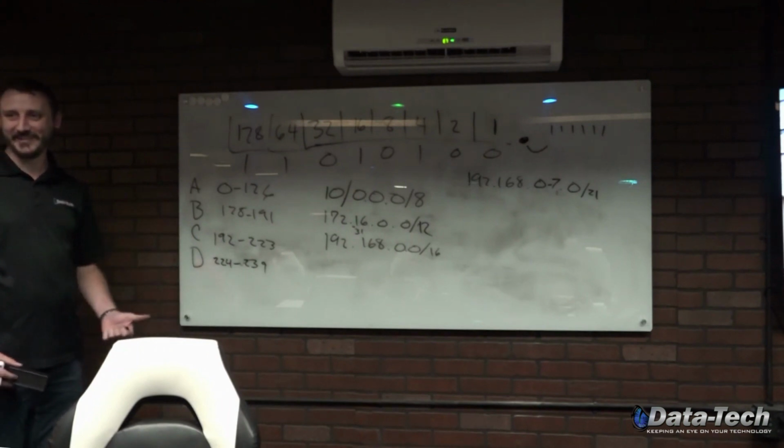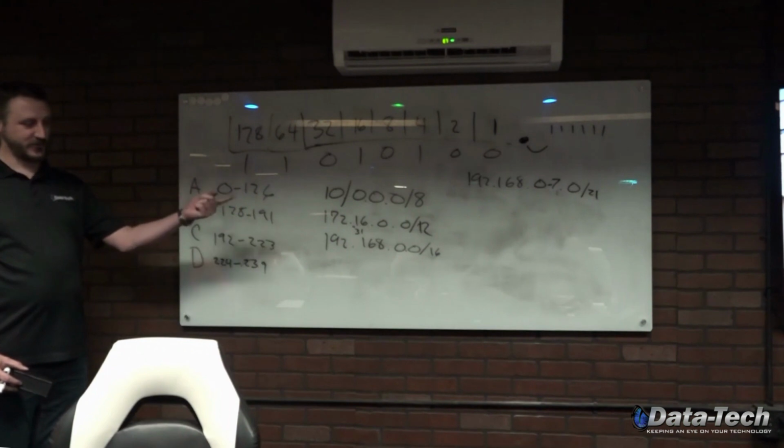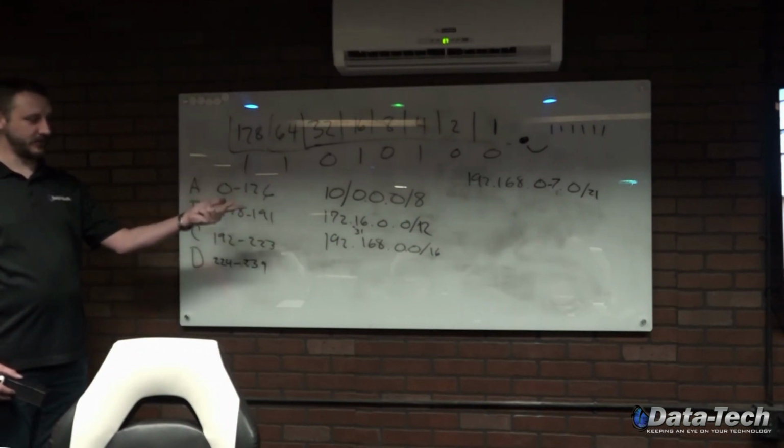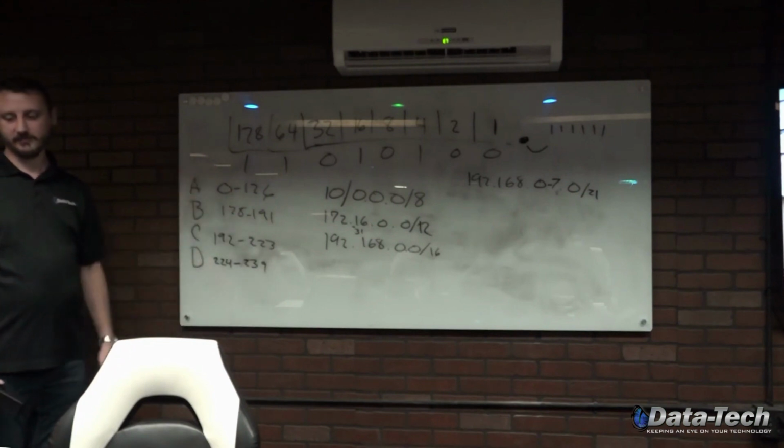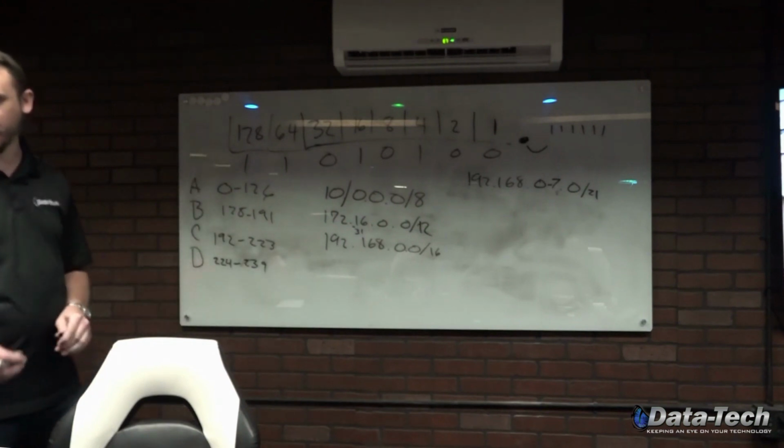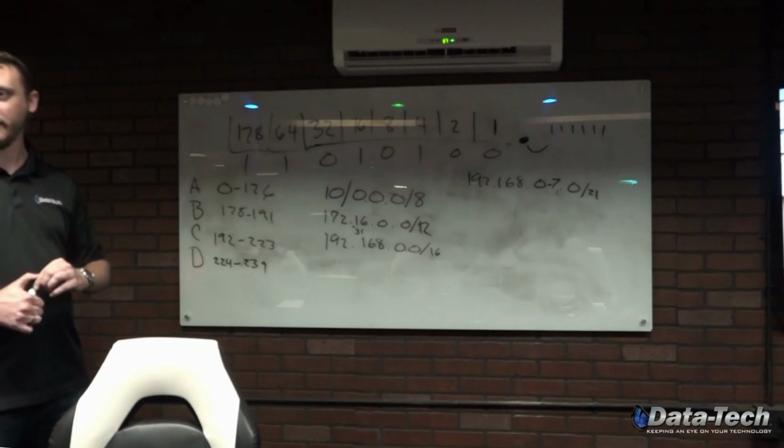That's why. 0, 1, 2, 3, 4, 5, 6, 7. 7 is the 8th network.